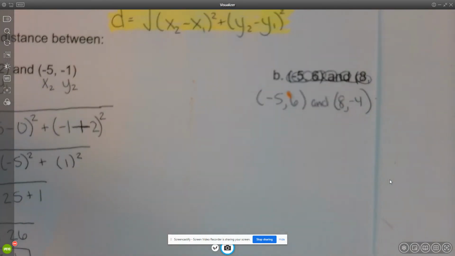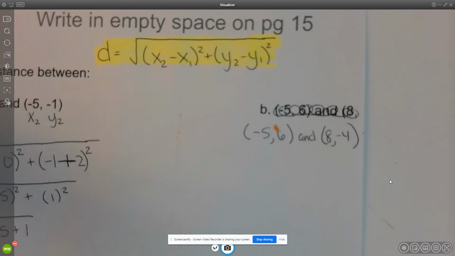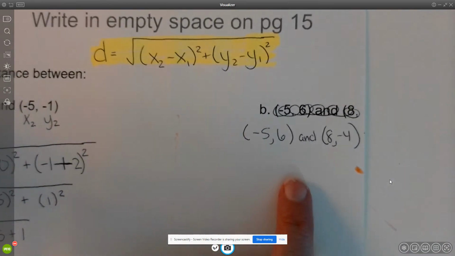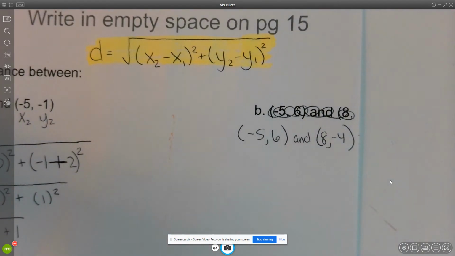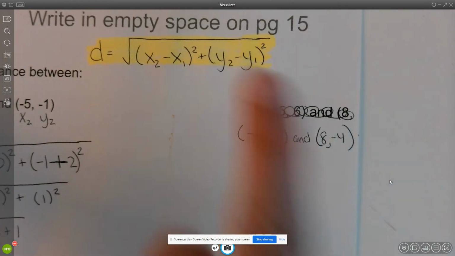Let's do one more. So part B, we're going to find the distance between (-5, 6) and (8, -4). We're going to use the distance formula.